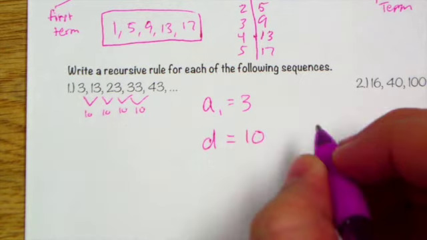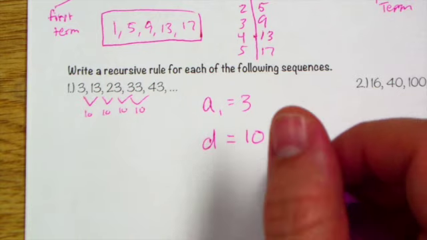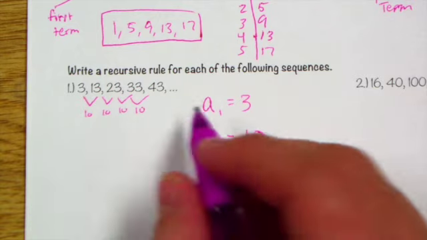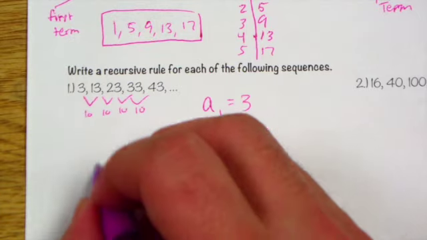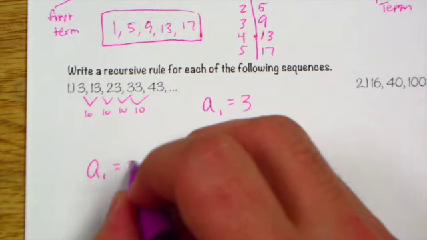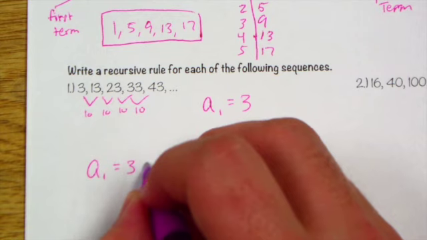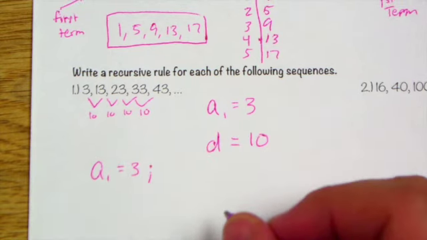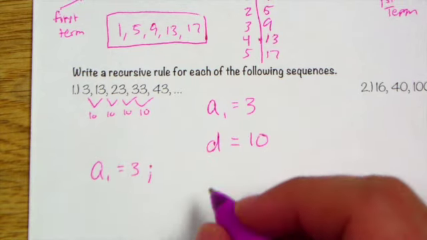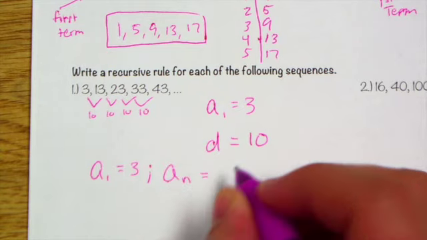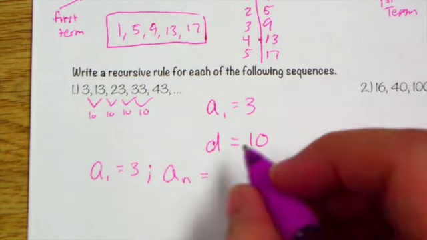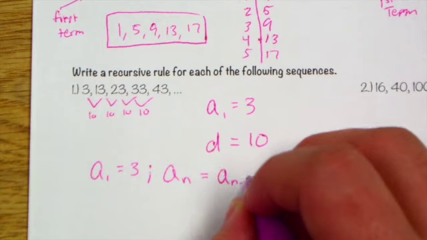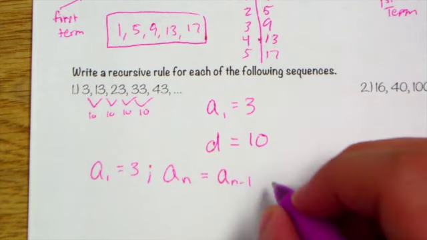the amount that's being added or subtracted every time. And so that's 10. How we write this out is just like up here. So a sub 1 is 3, semicolon, and then a sub n equals the previous number, a sub n minus 1, plus 10.